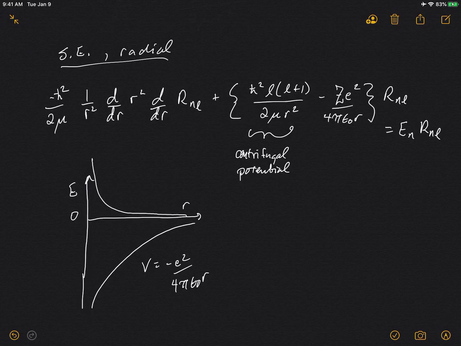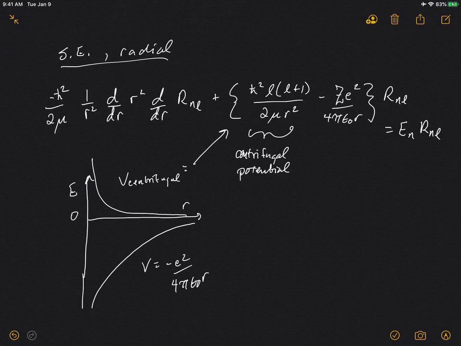At a shorter distance. And let's see what else to say about that. So that's our centrifugal potential, which is this thing.